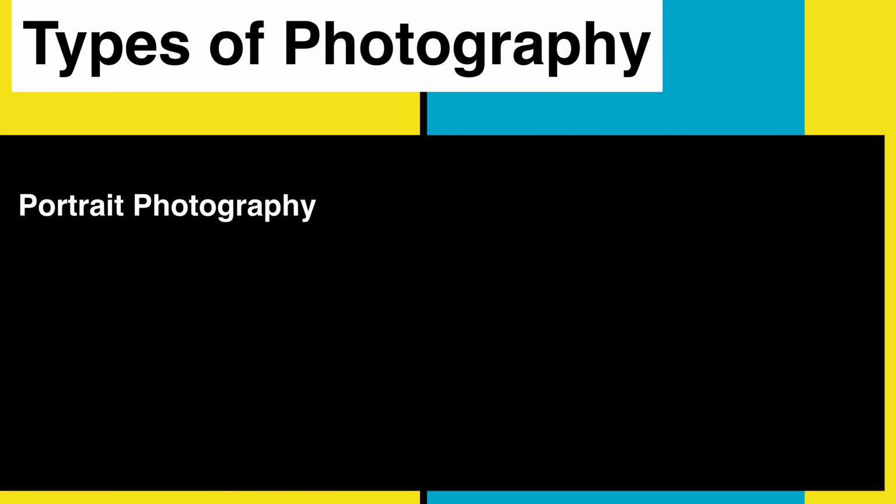All right, first one, portrait photography. Portrait photography is taking photos of anything with a face. It's considered to be a portrait. So the word portrait, if you think of back in the era where people would sit down and get their portrait painted by an artist, same idea.